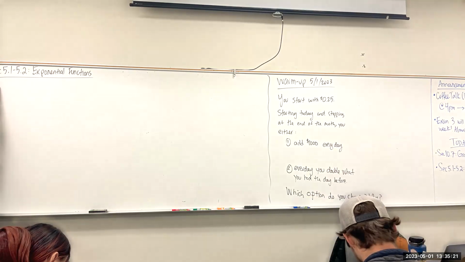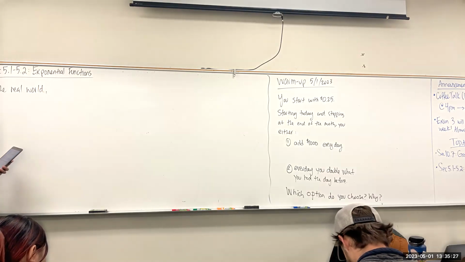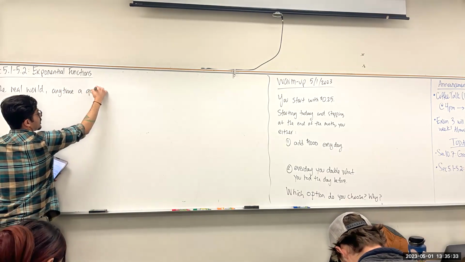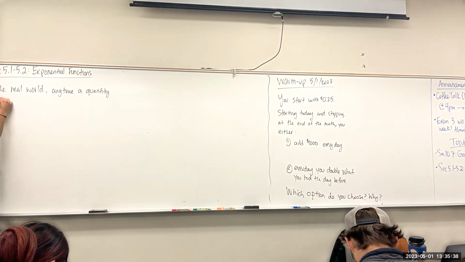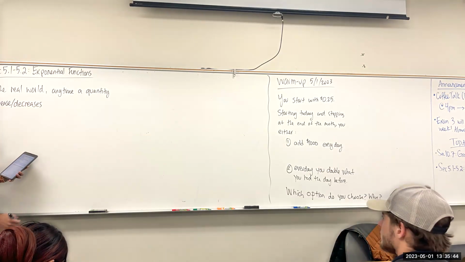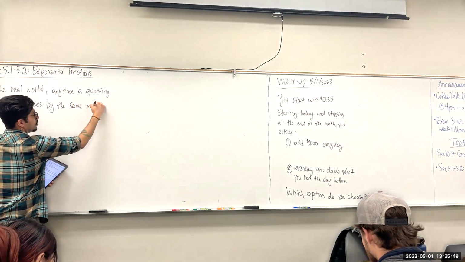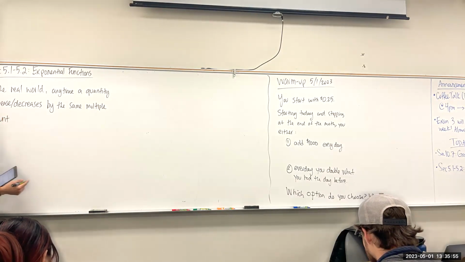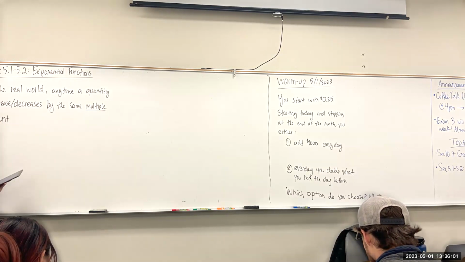So in the real world, we'll just start off where this will be applied. Anytime a quantity increases or decreases by the same multiple amount, and it's confusing to say amount because it makes you think amount, but it's the same multiple amount.